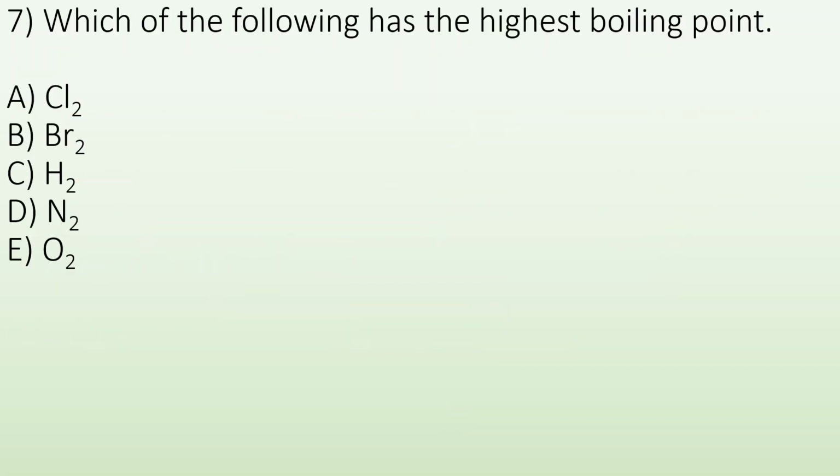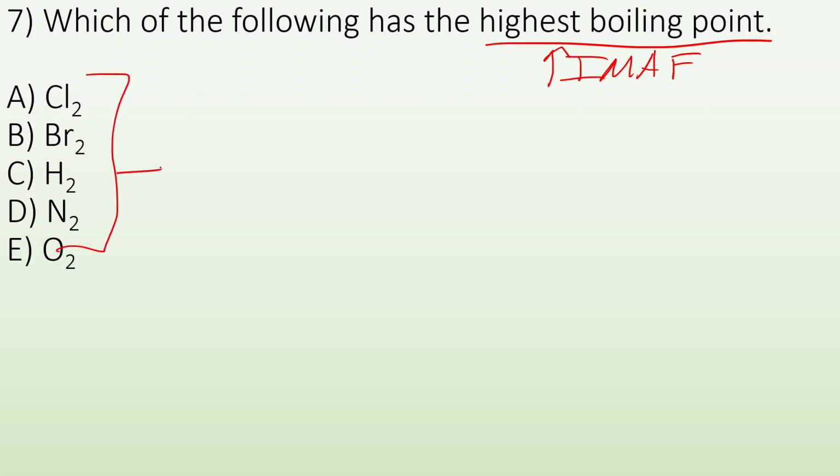Number 7, which of the following has the highest boiling point? So highest boiling point means strongest intermolecular attractive forces. And if we take a look, all of these molecules are going to be non-polar. I don't even have to bother drawing them out because they're homonuclear diatomic, right? So we have two atoms of the same thing bonded together, give me a molecule.